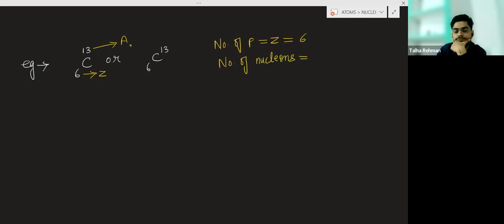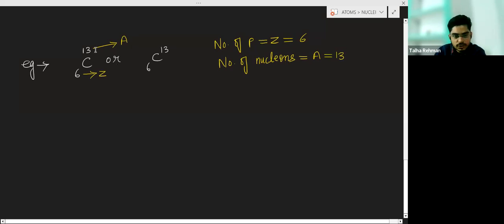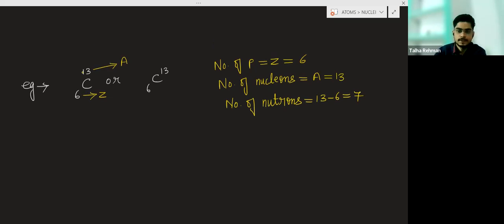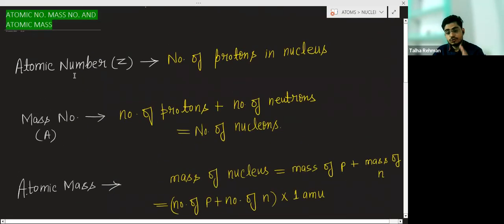Mass number. Mass number is A, and that is equal to 13. Now, if you want to find the number of neutrons, do 13 minus 6. You will get 7. So you should know what atomic number, mass number, and atomic mass are.